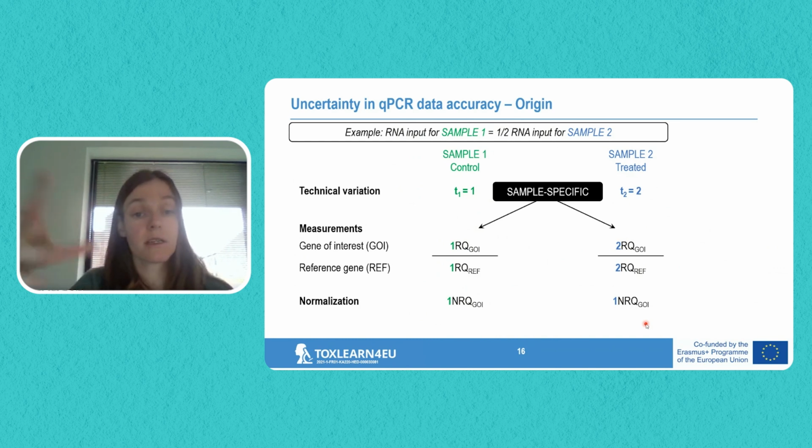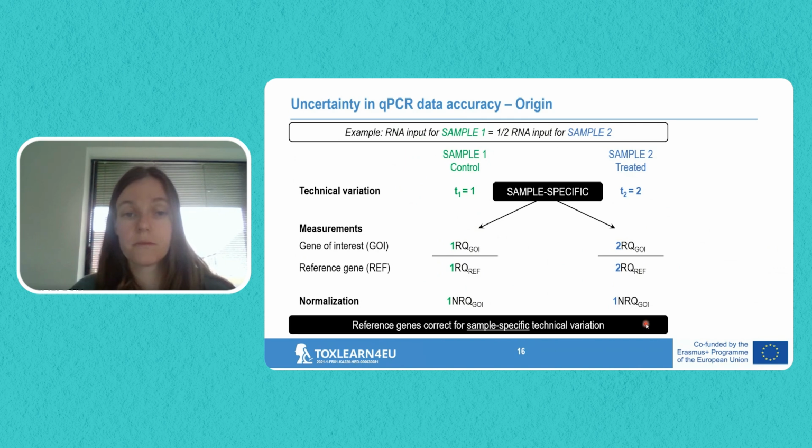But because this technical variation is the same for the reference gene, normalizing against the reference gene will take out this technical variation. So the reference genes correct for sample-specific technical variation.